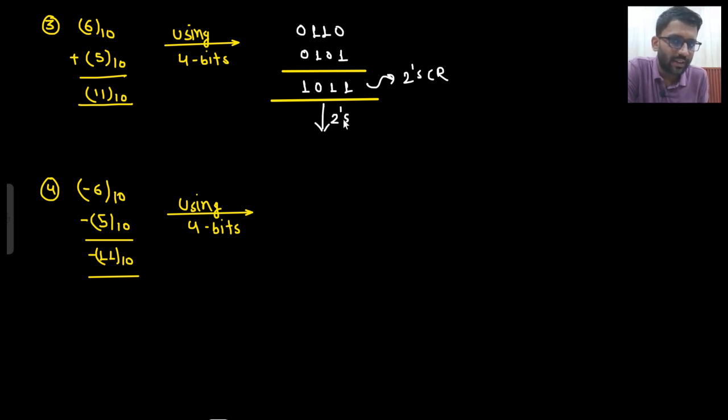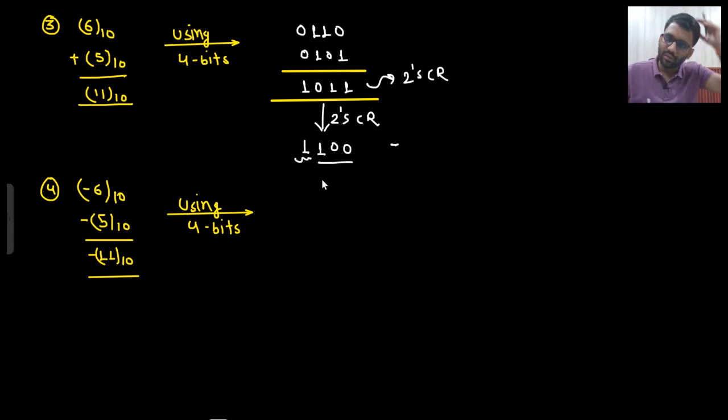If you need to get the actual answer, you need to convert it into sign magnitude representation, because this answer is in 2's complement representation. How will you convert it? By taking the 2's complement again. So 1 will remain there as it is. 0, 0 and 1. What does this show? Negative sign. What does this show? Magnitude. What is the magnitude?